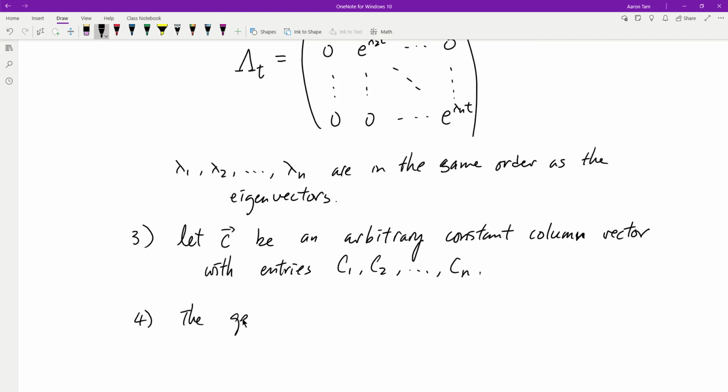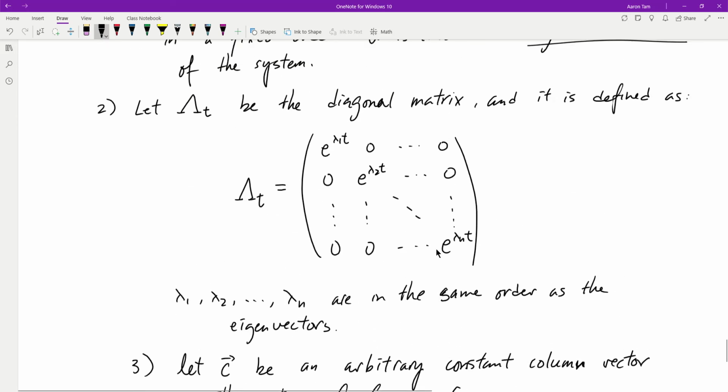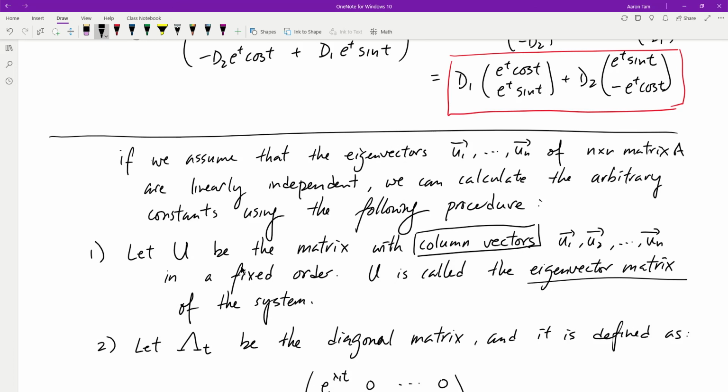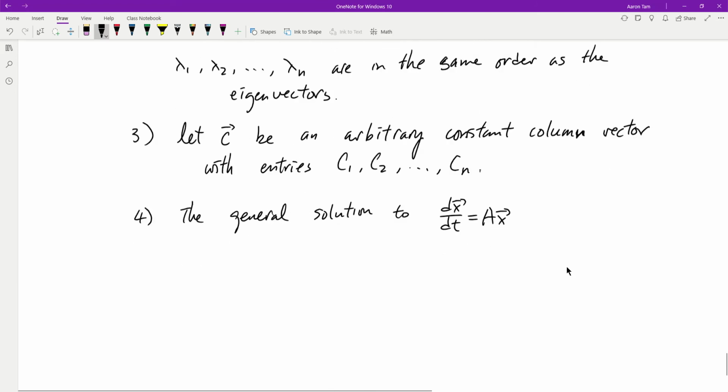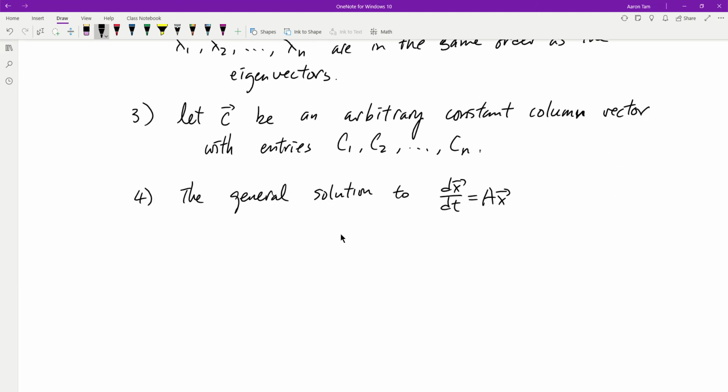So the general solution to the differential equation d vector x over dt equal to A vector x, where A is our n by n matrix right from the beginning, of this eigenvalue of matrix A. So that A is right here, corresponding to this A. The general solution to this system is actually given by this expression.